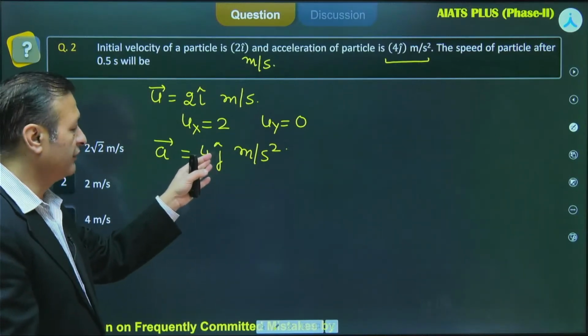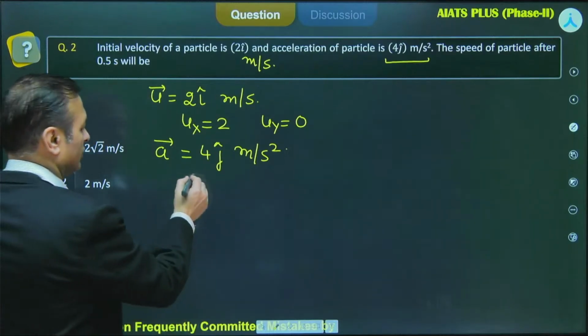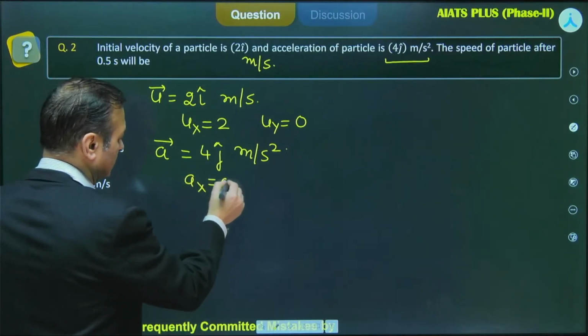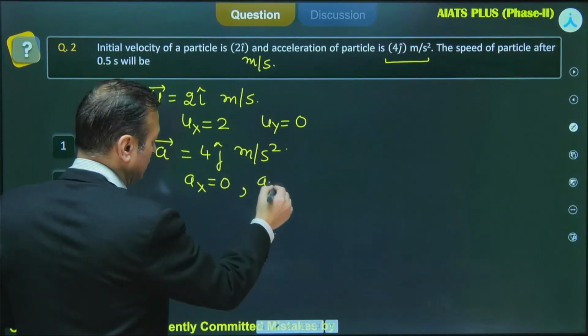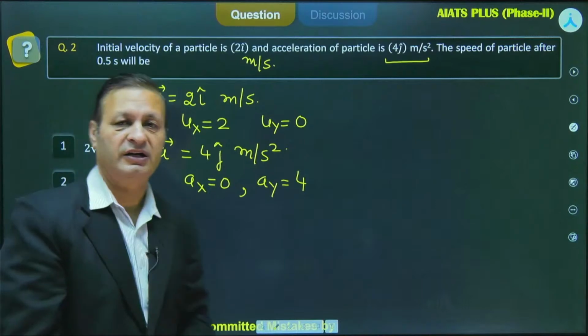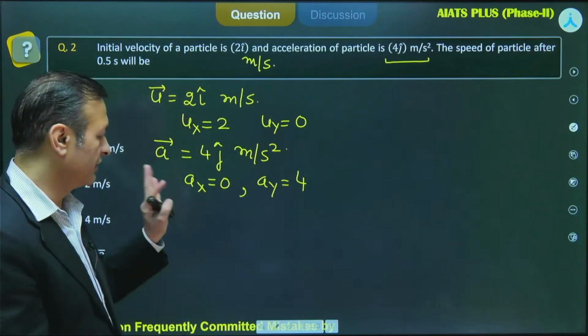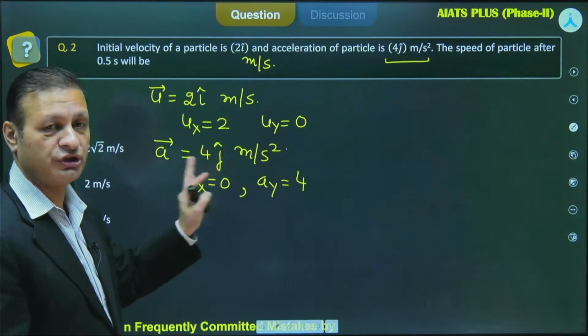We can understand it from the j component, j vector, that stands for the y component. So its x component is primarily 0 and its y component is given to you as 4. Unit wise again the same concept, that is meter per second square. So this is the given situation we have.